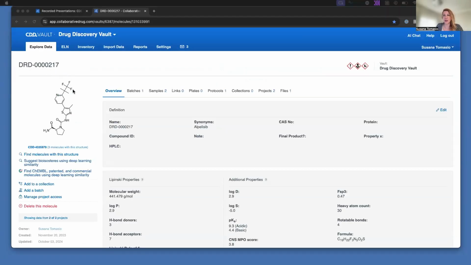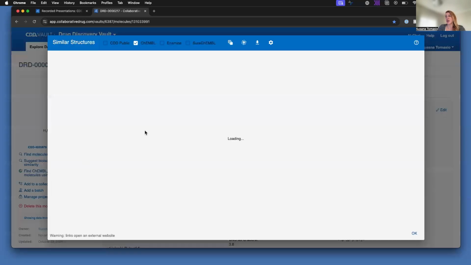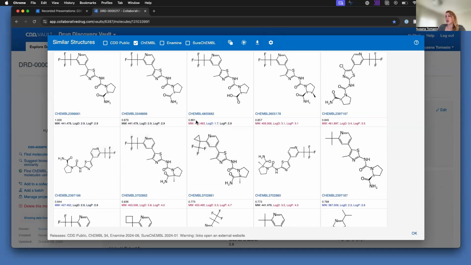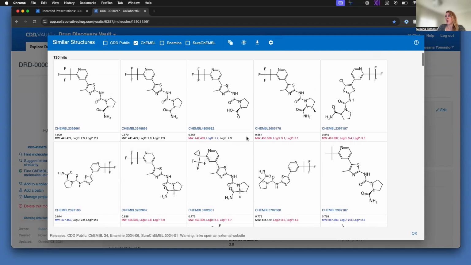Now switching gears into the Vault. This is available from the molecule page. If you have a hit, you can simply click in Find ChEMBL, patented and commercial molecules using the deep learning similarity. And as you can see, the search is very fast, and it will show the number of hits that you requested from the settings, and it will show here also with the available similarity score. All of these hits can be downloaded. You can also take these into visualization, and you can also group by scaffold.